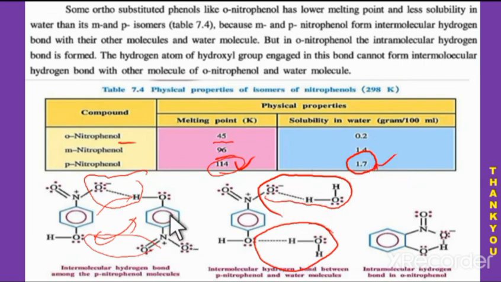But metanitrophenol and orthonitrophenol have less solubility. Here orthonitrophenol undergoes intramolecular hydrogen bonding, which takes place within the same molecule. Because of this its melting point is less, as well as its solubility. So this is about the preparation methods and the physical properties of phenol.